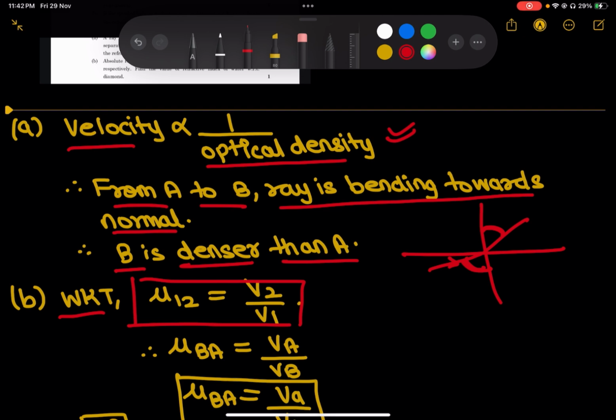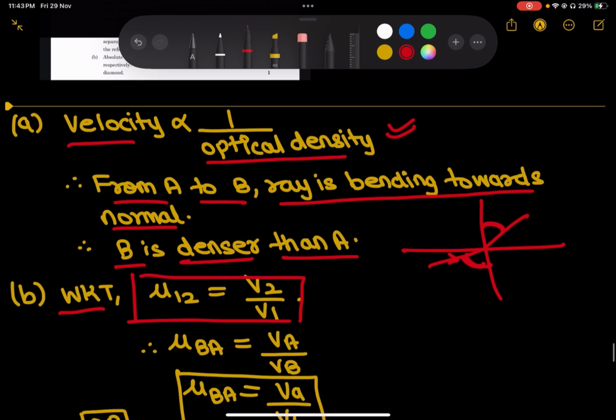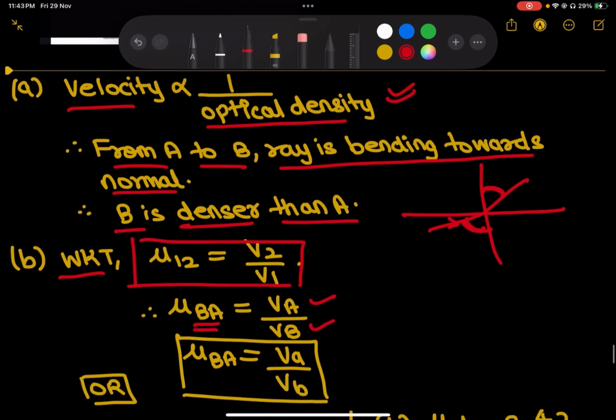For mu it is mu1 upon mu2, but for velocity it is the opposite, V2 upon V1. Here they have asked the refractive index of B with respect to A, so mu BA is equal to VA upon VB. That's basically the answer.